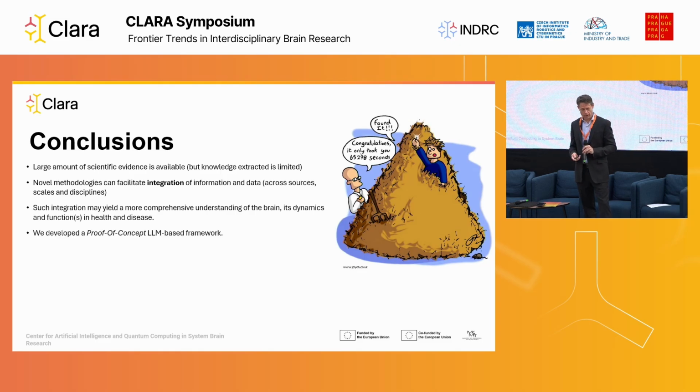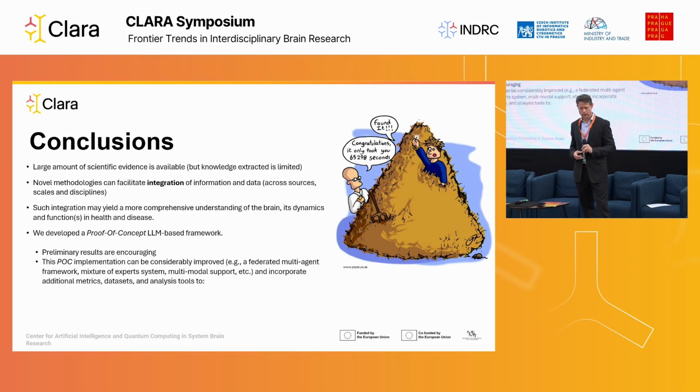So we just developed, again, a very small proof of concept, and we intend on moving further with that. And again, this is an open problem. Publications are available. We can do that as a collaborative work. Preliminary results are encouraging, and the proof of concept can be considerably improved.